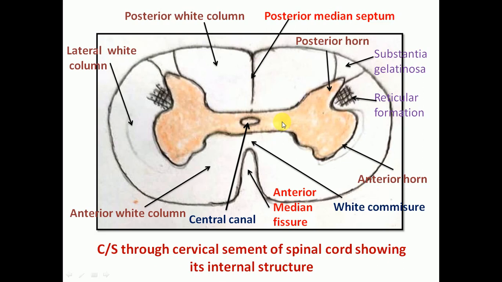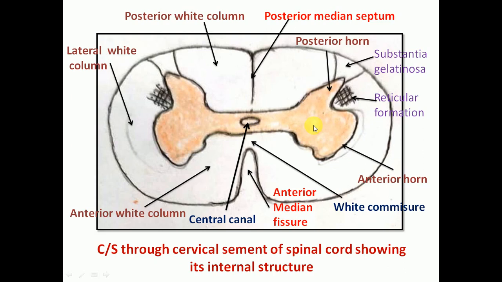Now this central H-shaped, butterfly-shaped gray matter is connected across by the transversely situated gray commissure, and around the central canal of the spinal cord there is the presence of substantia gelatinosa centralis.